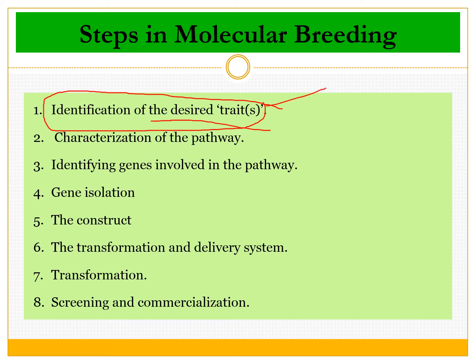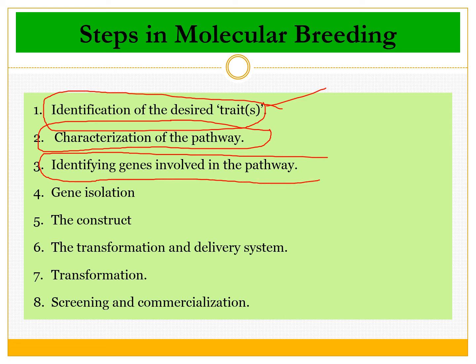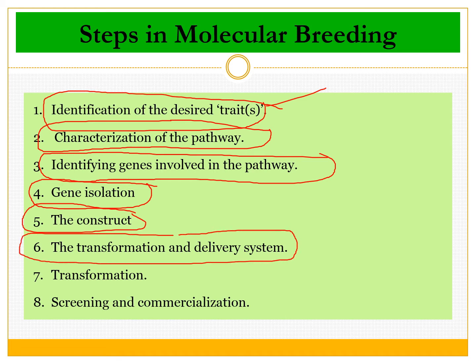The next step will involve the characterization of the pathway, identification of genes involved in the pathway because most traits are polygenic, isolation of these genes, development of the construct, and transformation of the target plant with the construct using any one of the delivery methods, which may be biolistic or agrobacterium mediated.